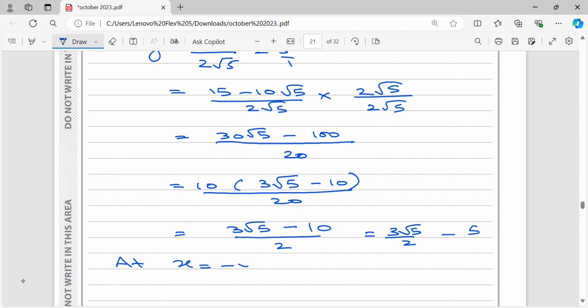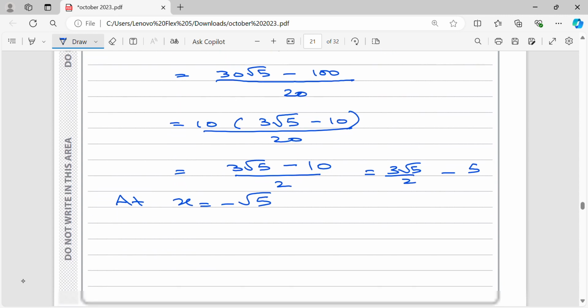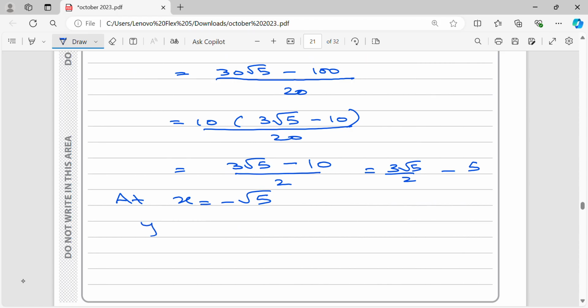If x is negative, root 5. So I'll repeat the same for the whole procedure again with negative 2 root 5 minus 5. So 15 over minus 2 root 5 plus 10 root 5.